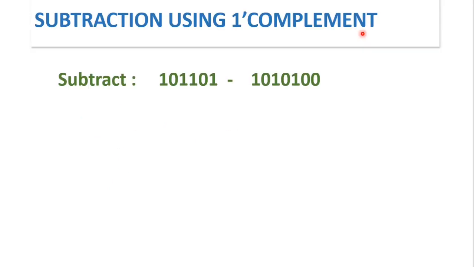Now we look at the second problem, which is 45 minus 84. We will solve it using 1's complement. The binary of 45 is 101101, and the binary of 84 is 1010100. The first step is to check whether the number of bits in both numbers is equal.